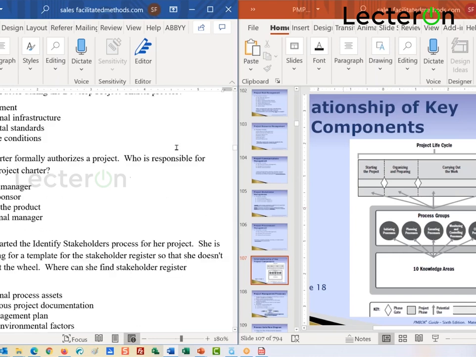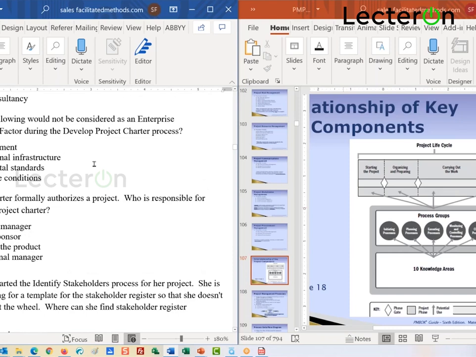Number 3, which is not an EEF. Okay, so before we start out, what is an EEF? An EEF is something that comes in externally. So which one would not be an EEF?